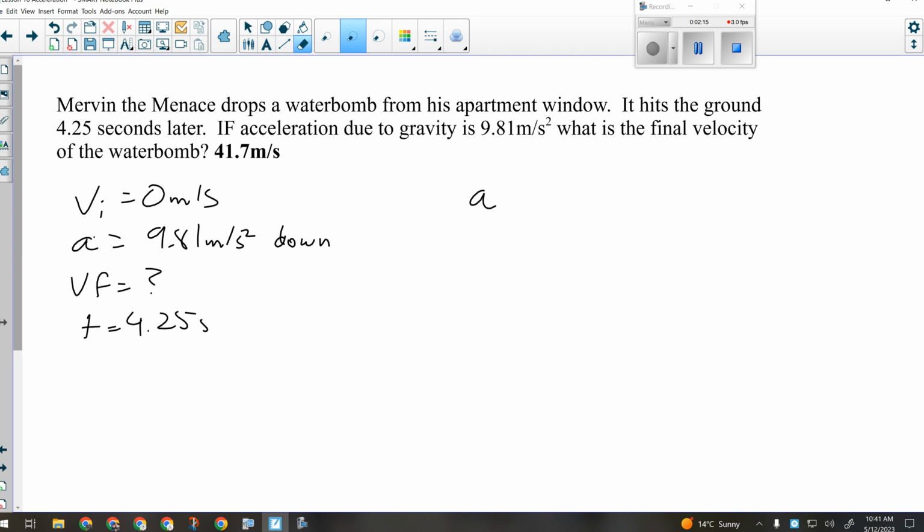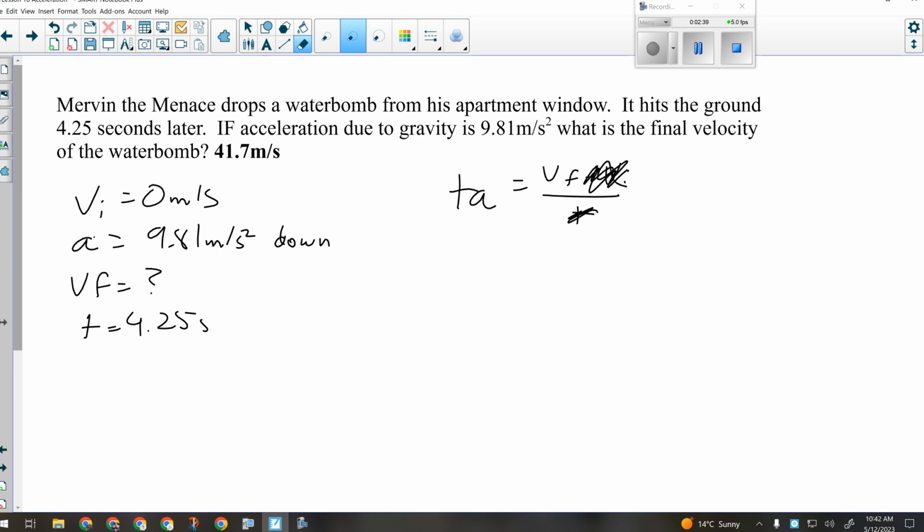So we've got A equals VF minus VI over T, and we are manipulating for VF. So we're going to multiply both sides by T. Do I even need to move VI in this question? Why don't I need to move it? It's 0. Adding or subtracting 0 makes no difference mathematically, so I don't even need to do that part.